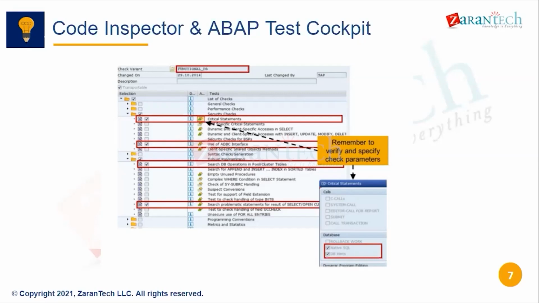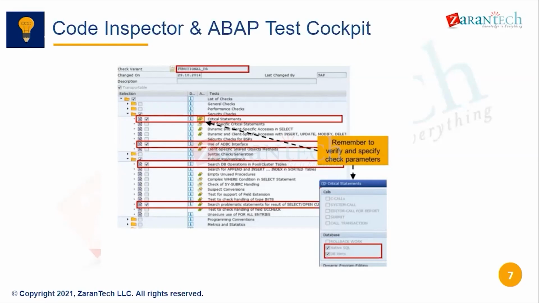We'll try a scenario using both the Code Inspector and the ABAP Test Cockpit. Then you'll understand how these two tools behave. And then we'll talk about the disadvantages of using ATC or SCI. This is a screenshot I have put in.